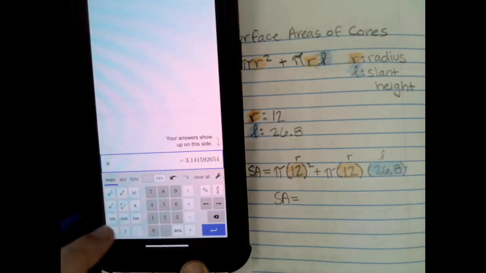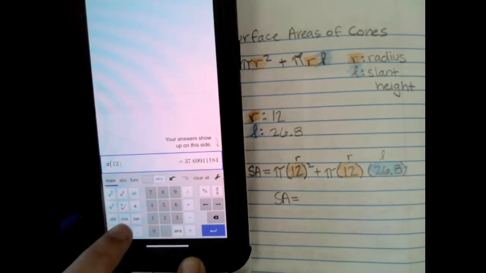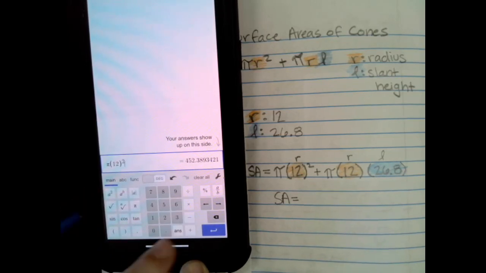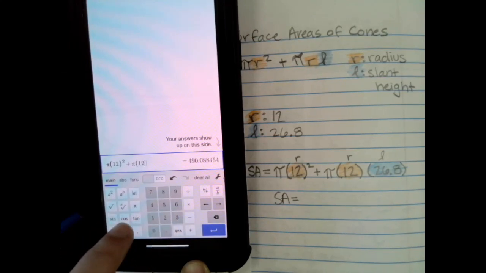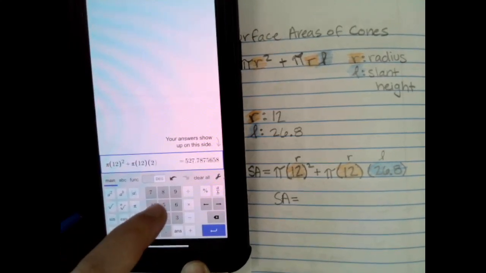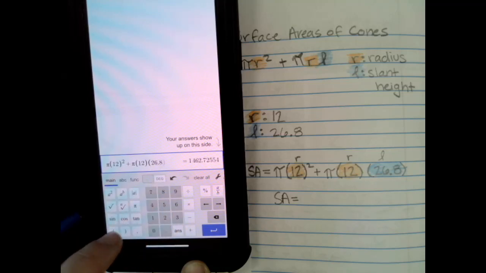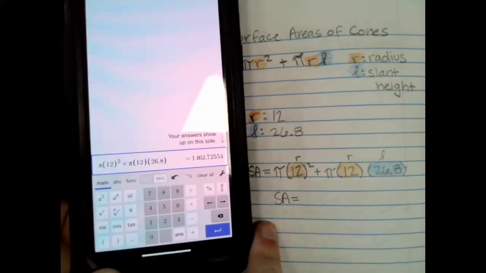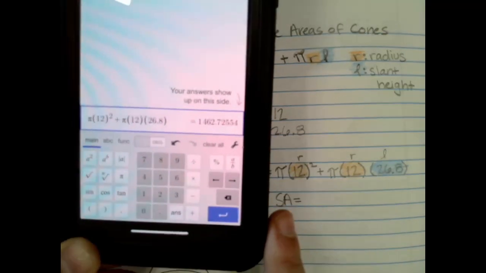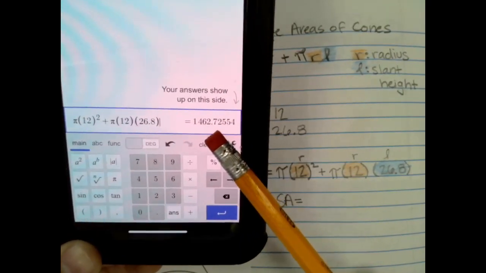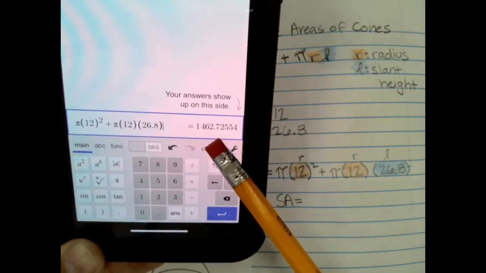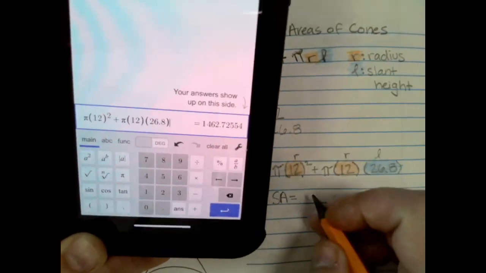All right, so we get pi times 12 squared. That's the circle. Now the outside part is plus pi times 12 times 26.8. Alright, and I wanted to type that in so you could see that I typed in that whole thing. We get 1462.72. So do we want to keep it at 0.7 or switch it to 0.8?